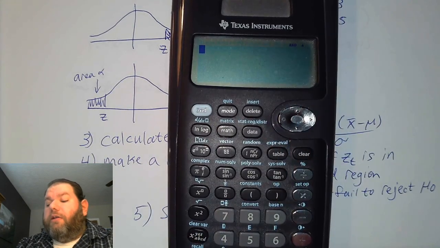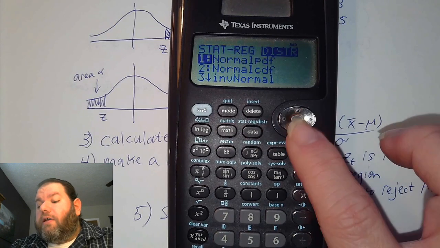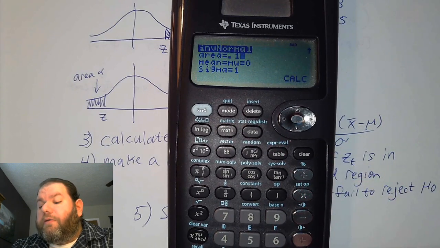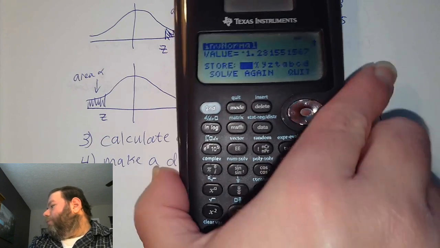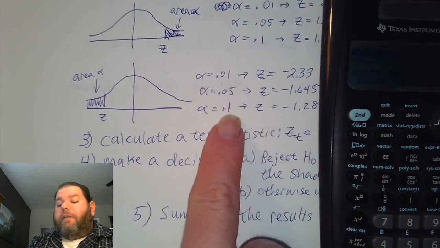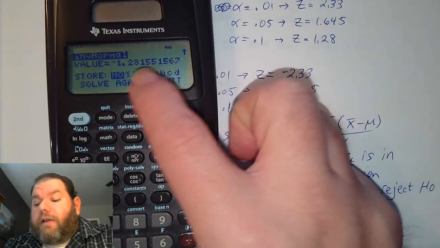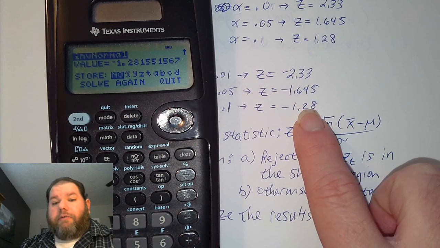The way that we calculated the percentile is we did second data, went down to inverse normal, and we did 0.1 with 0 for our mean and 1 for our standard deviation. So that gives us a value of negative 1.28. So that's where we get that value right there.